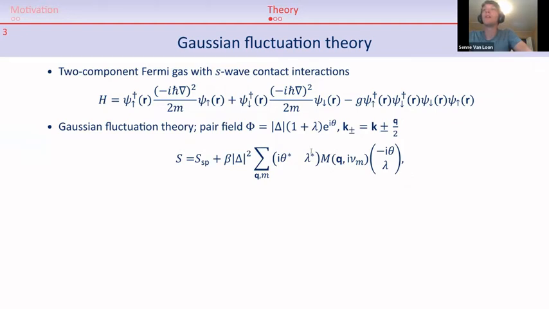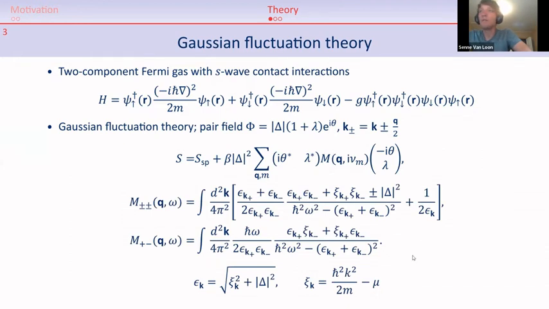And the most important feature of this model is this M matrix, which can be seen as the inverse pair propagator. I show the equations here. It's the same formalism as you would do in 3 dimensions.